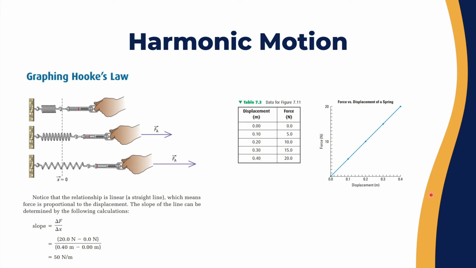So you draw the displacement with force, and you find a linear line for force versus displacement of the spring. For this linear line, we can calculate the slope. That will be the change in force over the change in position of the spring, or the displacement. That would be final force minus initial, 20 minus 0 over 0.4 minus 0, which would give you 50 newtons per meter in this case.